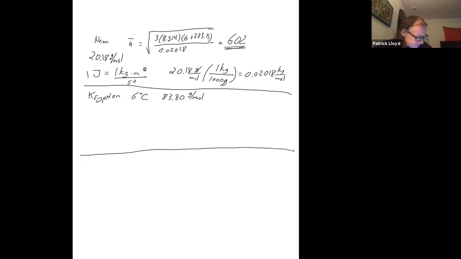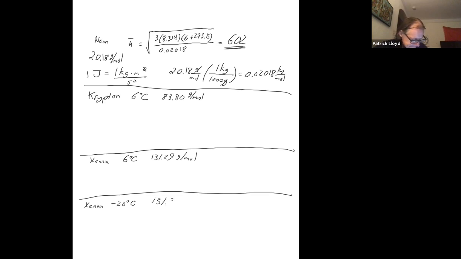So let me go ahead and put xenon up. So xenon at 6 degrees C, and the molar mass of xenon is 131.29 grams per mole. And then the last one is xenon at -20.